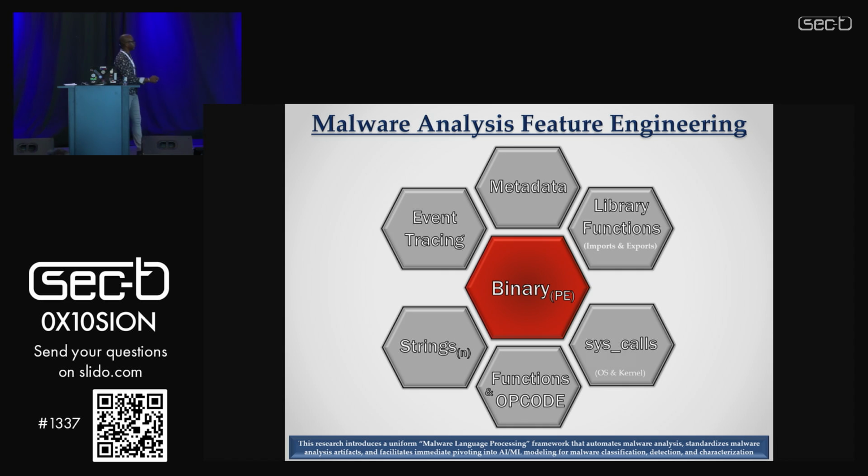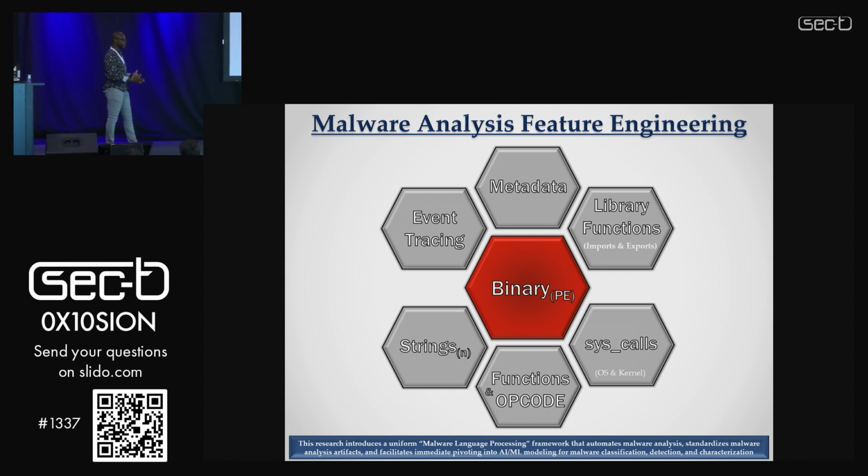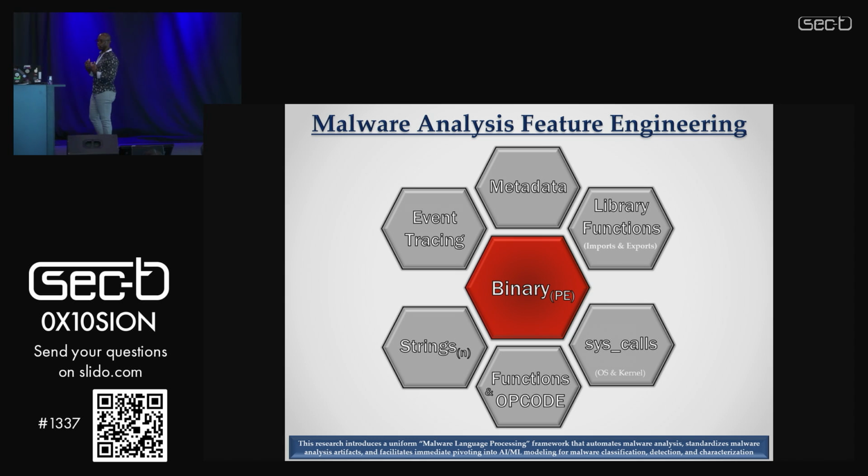I mentioned strings before, and then event tracing. Besides looking at the sample statically, we can now execute the sample and look at what it does when it's running within a specific time window. If you do this time and time again, you start to see patterns of what specific malware does. Once it's instantiated and operating on the system, what all does it do?